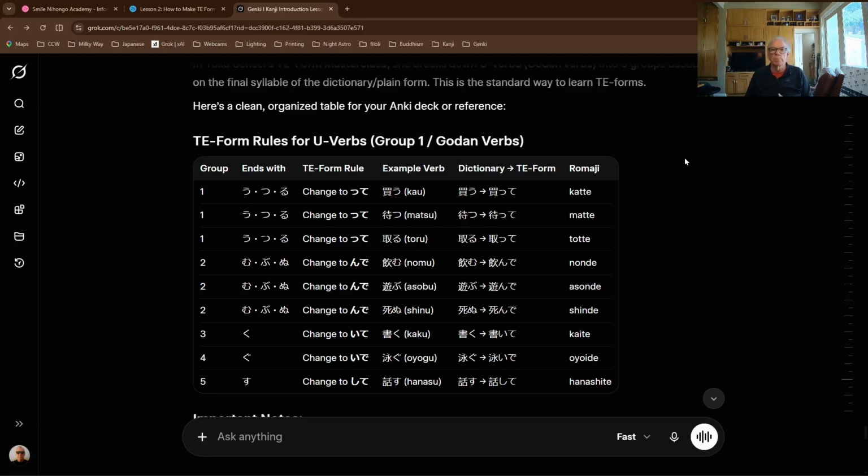For instance, if you use Pimsleur, which Lori has been using, however, she has now sat down and she's starting to learn hiragana and katakana. She's going to be taking some Yuko Sensei Smile Nihongo Academy courses because while she was using Pimsleur and she's pretty far along, I think she completed the whole level 1, she didn't understand why the words were the way they were.